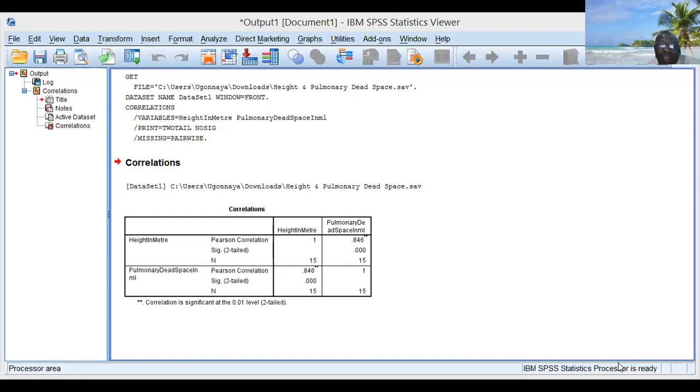Because of that, nobody uses the correlation p-value to interpret it. We rather say the correlation is strong, weak, negligible or perfect. Is there any question? If there's no question, you can stop sharing, and let's move ahead.